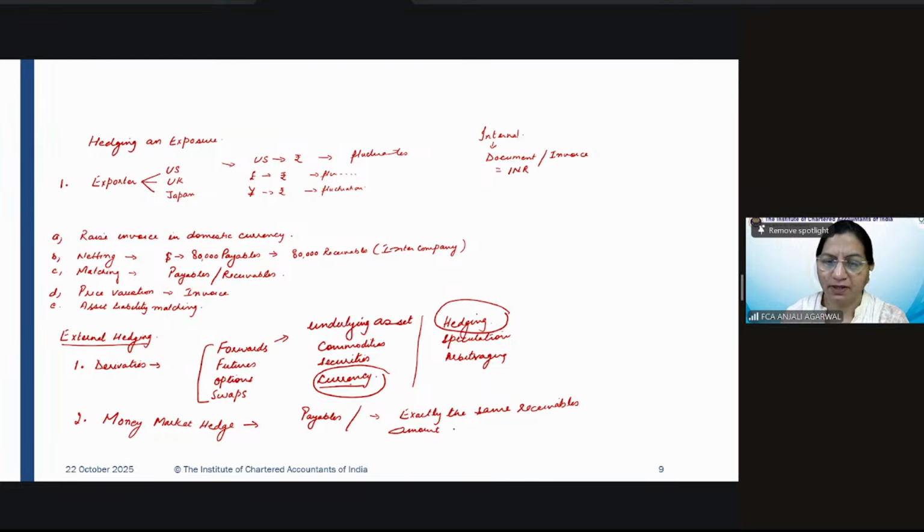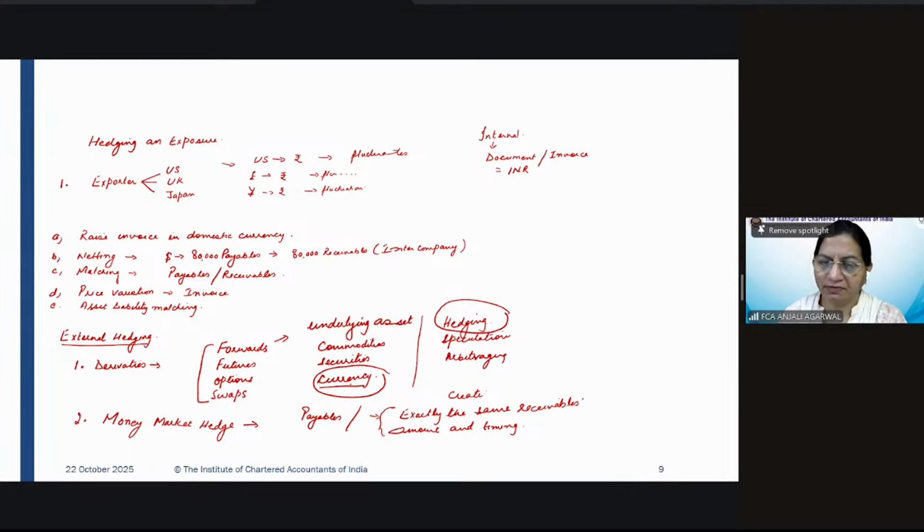So amount and timing both should be the same. You create that situation by either borrowing or investing in the money market.